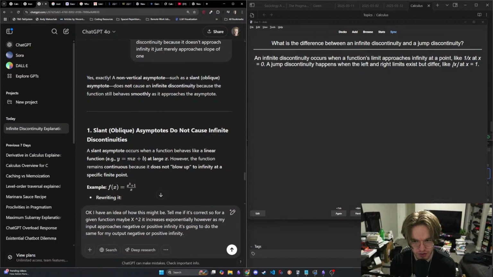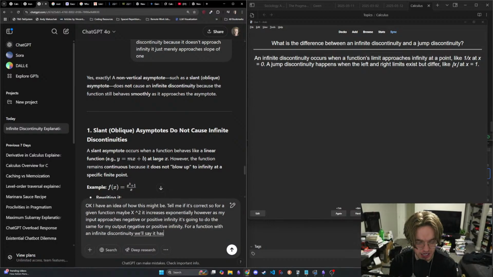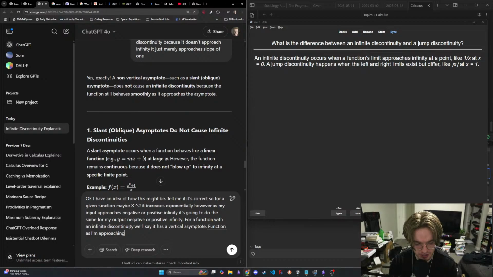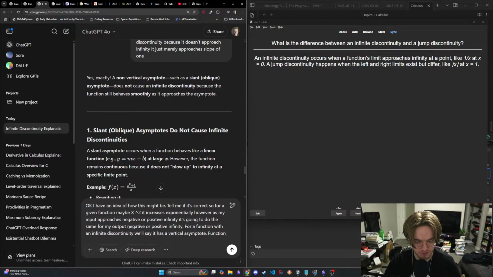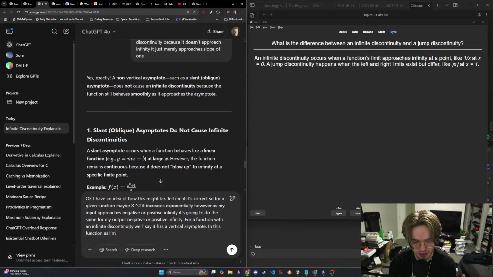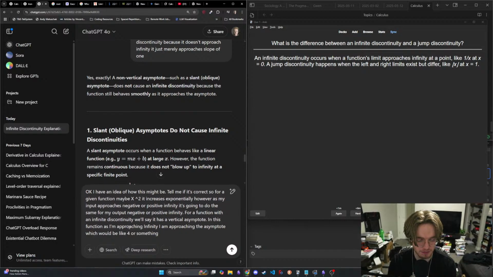For a function with an infinite discontinuity, we'll say it has a vertical asymptote. In this function, as I'm approaching infinity, I am approaching the asymptote, which would be like 4 or something.